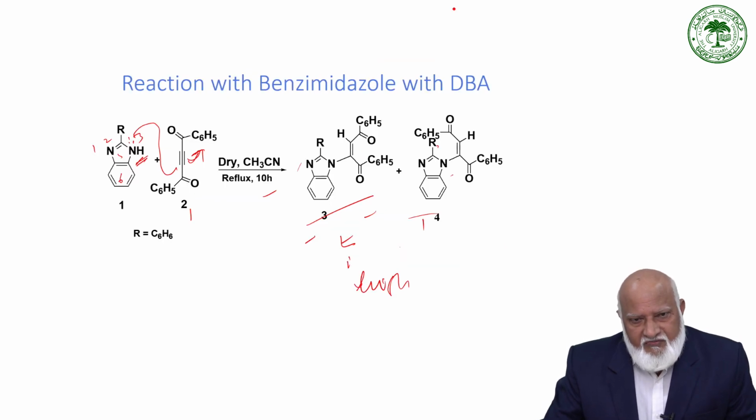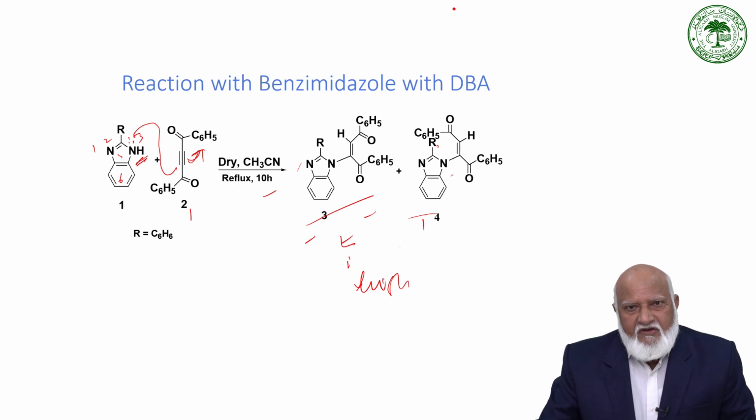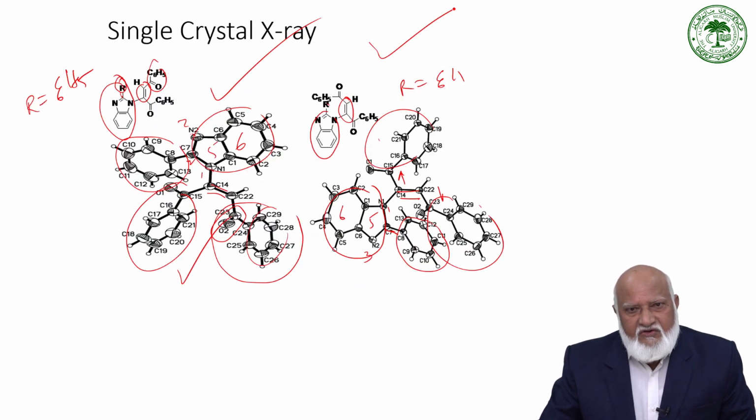So just to summarize, the imidazole acts in a nucleophilic manner toward dibenzoyl acetylene, giving rise to two adducts, the cis and trans, E and Z, and the structures of both adducts have been confirmed by single crystal X-ray as shown here.